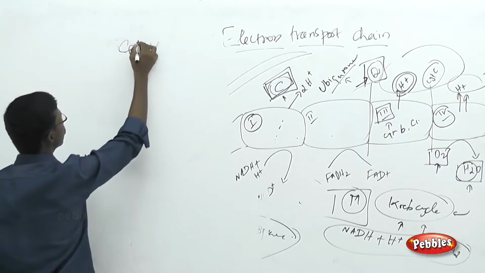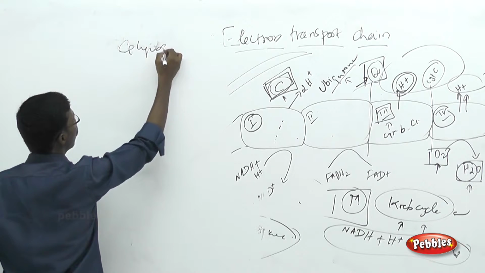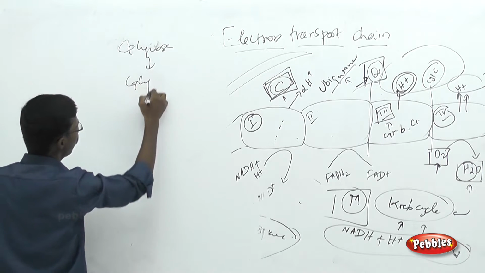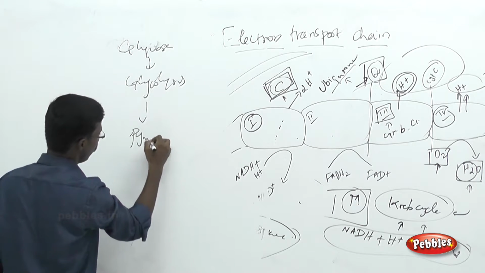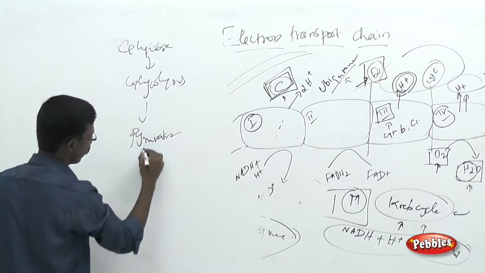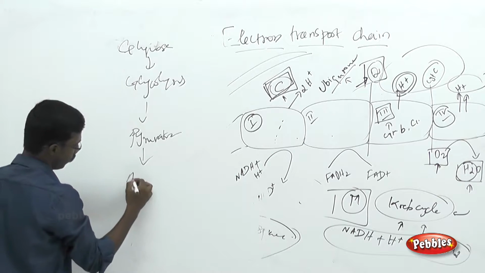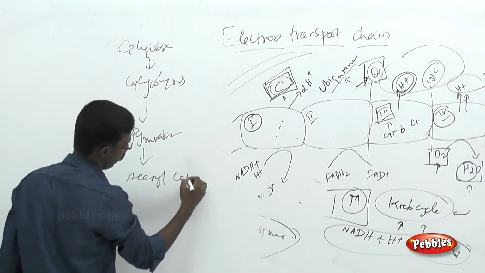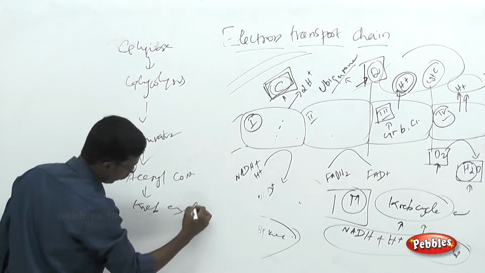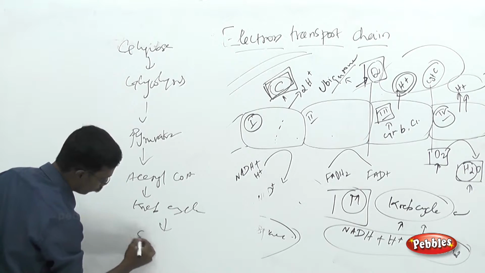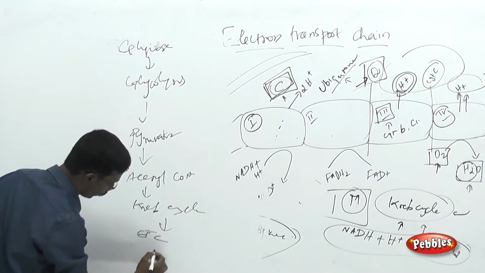the glucose, which enters into the cycle called glycolysis, synthesis of pyruvate, synthesis of acetyl CoA, which enters into the Krebs cycle. The products enter into the electron transport chain.